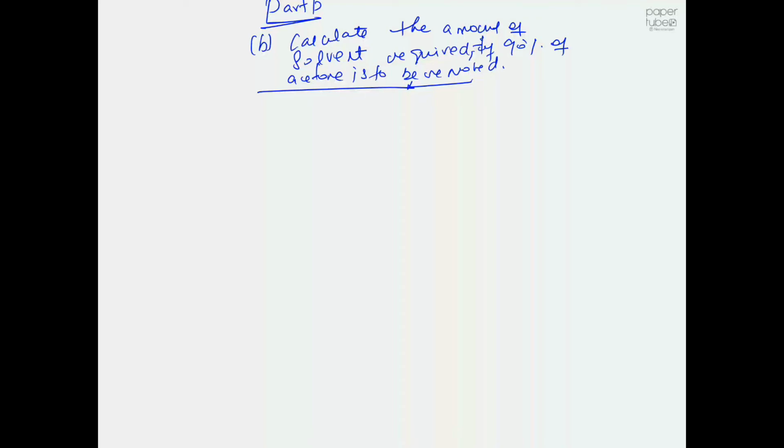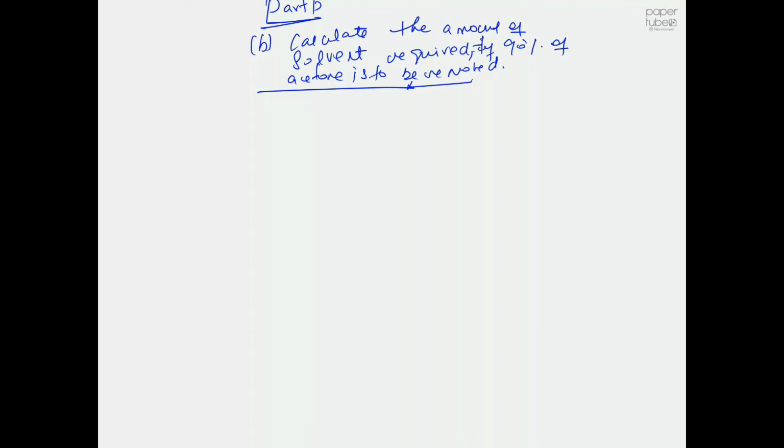So for this part of the problem, we are asked for the amount of solvent required, if 90 percent of acetone is to be removed. So what's the problem here? We know F plus S equals M1. We also know the other expression: S y_S plus F x_F equals M1 x_M1, which is equal to E1 y1 plus R1 x1.